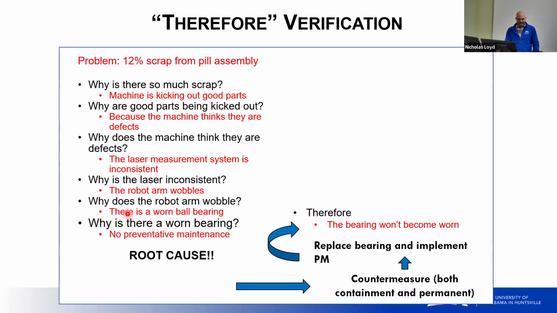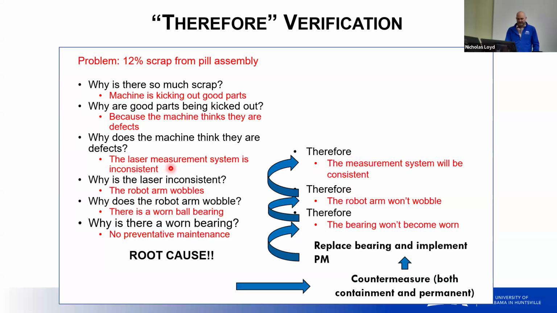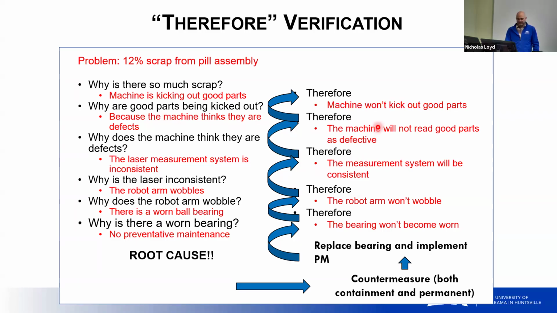And see how that maps directly over to there was a worn ball bearing. And if there's not a worn ball bearing, therefore the robot arm won't wobble. And see how that maps directly back over. And if the robot arm won't wobble, therefore the measurement system will be consistent. And therefore the machine won't read good parts as defective, therefore it won't kick them out, therefore we reduce scrap.